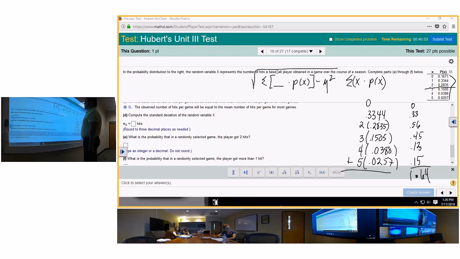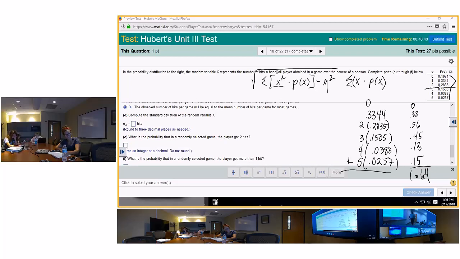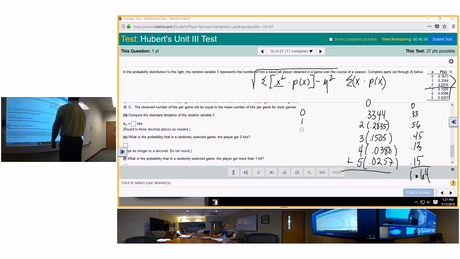So we got to have another column, x squared. So go ahead and do that. Now we got 0, 1, 4, 9, 16, and 25.